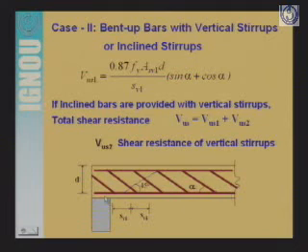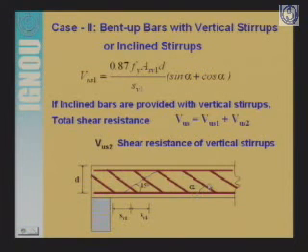These may be vertical as well as inclined. So in this case, as you see from this figure here, this is the beam here, and in this beam some of the main reinforcing bars are bent up to take care of the shearing stresses.